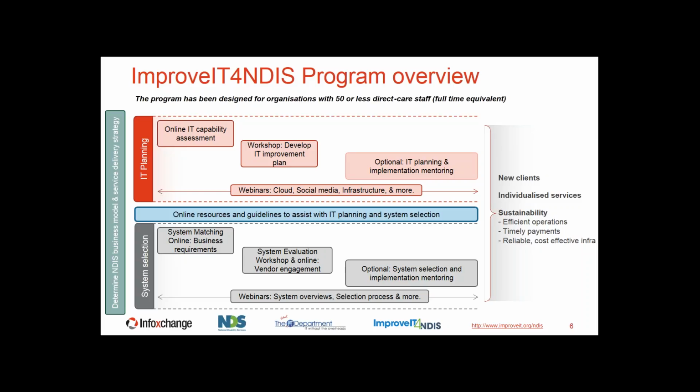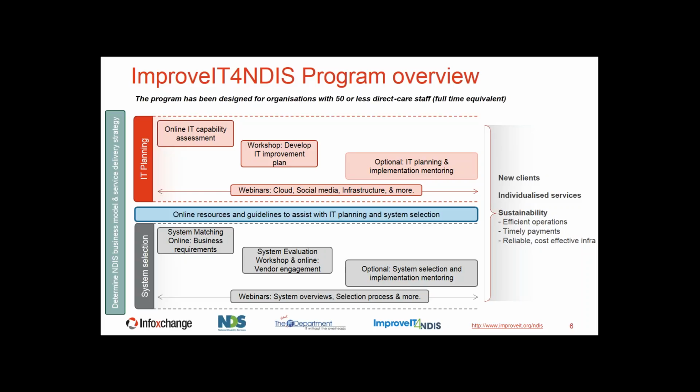So I'll talk through the IT planning quickly. The first thing that you do, once you register, is an online IT capability or NDIS readiness assessment. That helps organisations to understand their current strengths and also where there might be some opportunities and where you need to think about potentially changing some of your IT environment.